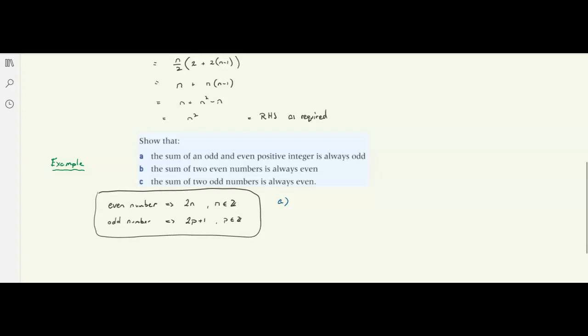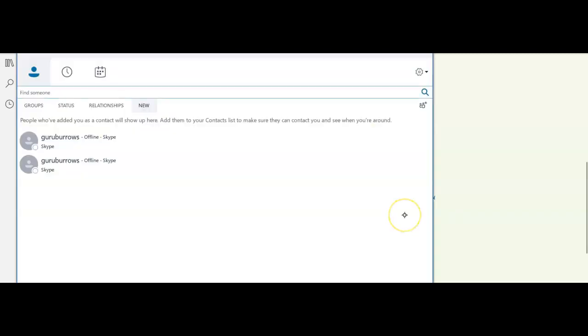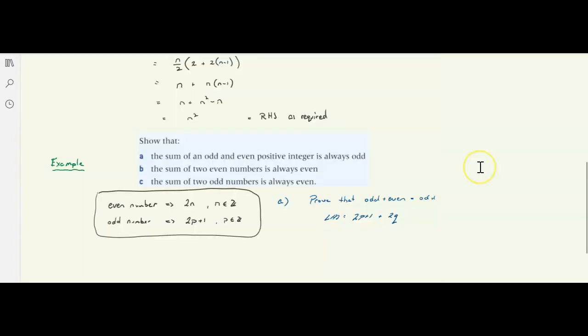Let's say the sum of an odd number, so that's 2p plus 1, and we're going to add an even number, which we'll call 2q. So the left-hand side equals my odd number 2p plus 1 plus my even number 2q.